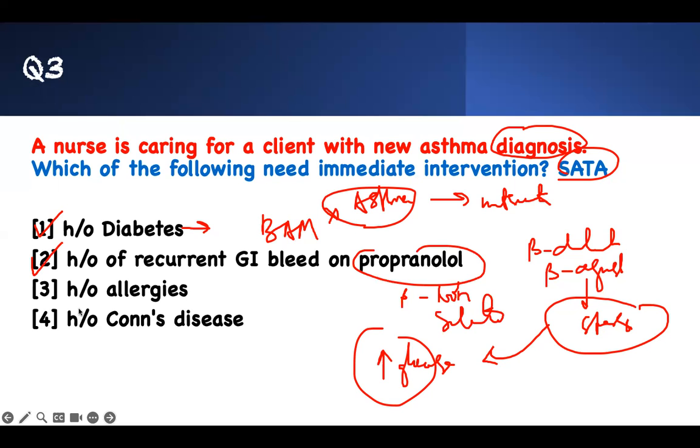History of Conn's disease, another critical thinking question. I intentionally said it this way, thinking like an examiner, right? What is Conn's disease? It is a tumor that secretes what? Aldosterone, right? And what does aldosterone do? Increases your sodium and decreases your potassium. Guess what?